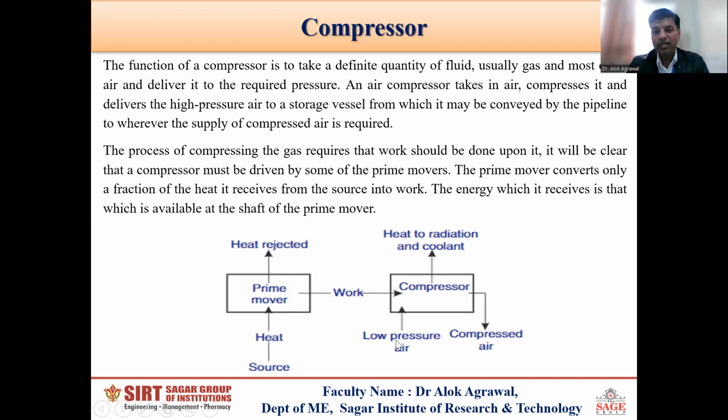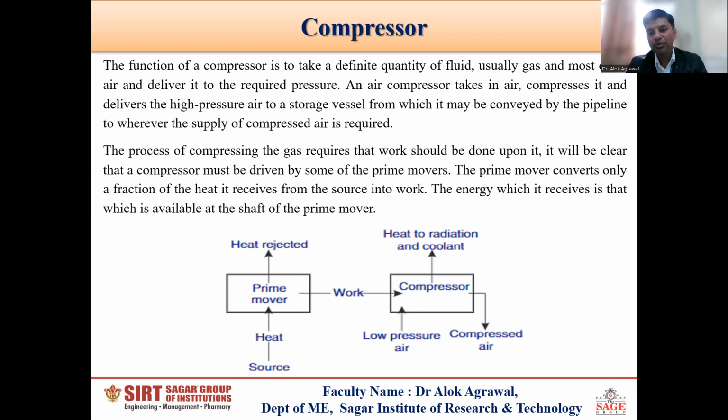Meanwhile, that high pressure air is stored in a vessel called a storage vessel, which is designed so that high pressure air can be stored in it without any accident. So what is happening here? We are compressing air to a very high pressure ratio. Now, to operate this compressor, we have to supply work.